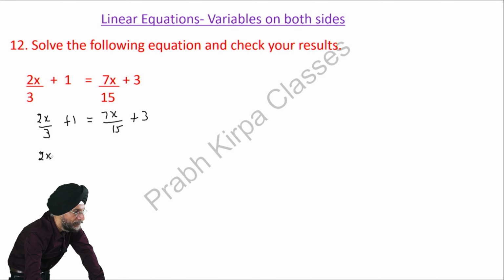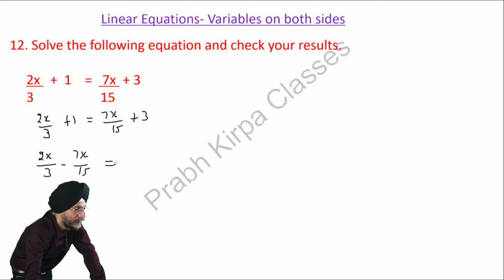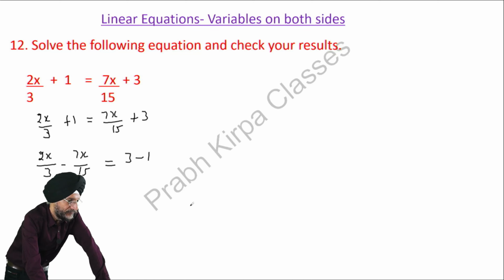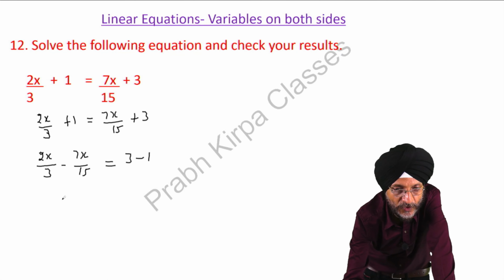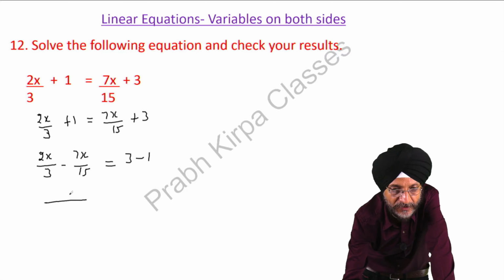So 2x over 3 minus 7x over 15, and this number will be shifted to the other side. It becomes 3 minus 1. So here we will solve it.